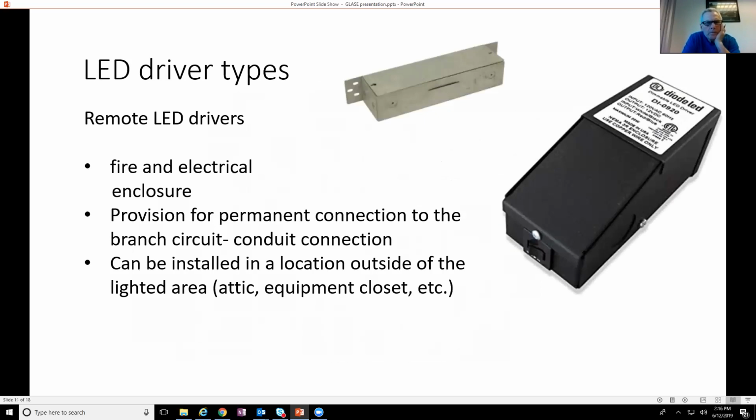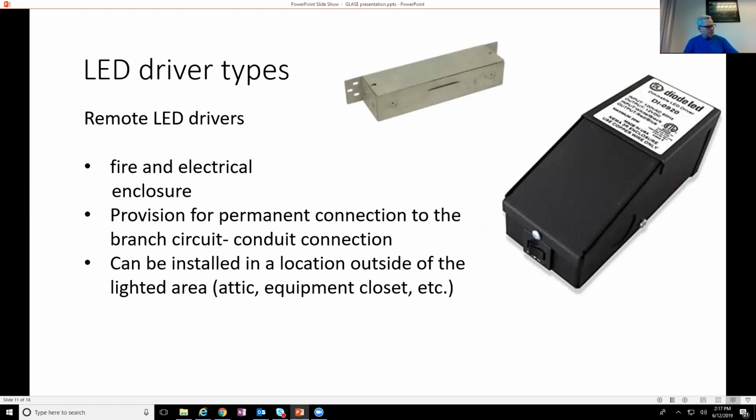So remote drivers, these are drivers that are not in the same location or inside the same LED fixture. They are located remote. They can be in an attic, they can be in an equipment closet. They connect directly to branch circuit in some way.